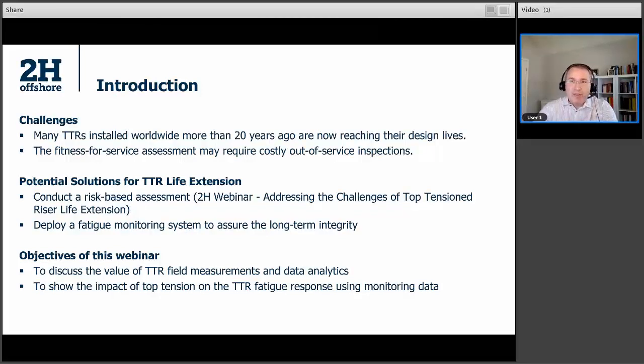Operators must decide whether to continue using the risers or decommission them, and operators generally prefer to continue, as in many cases these wells are still productive beyond their original design lives. However, this requires detailed life extension and fitness for service assessments, and in some cases these may require costly out-of-service inspections.